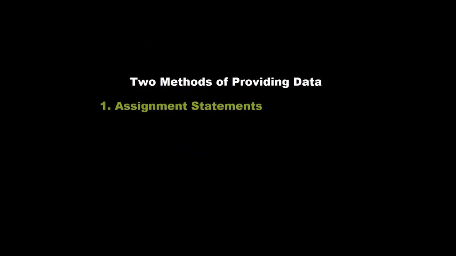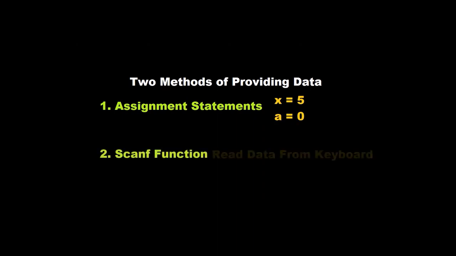One method is to assign values to variables through assignment statements such as x equal to 5, a equal to 0 and so on. We have another method which is to use the input function scanf, which can read data from a keyboard. We have used both these methods in our earlier videos.